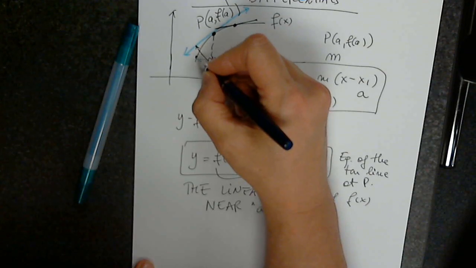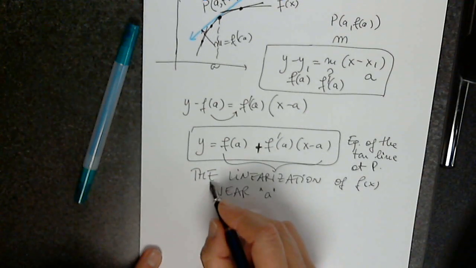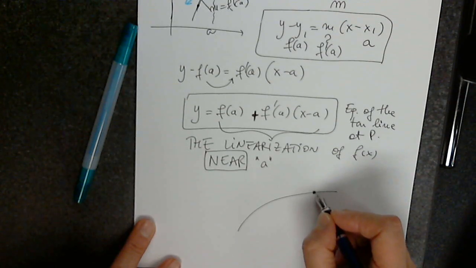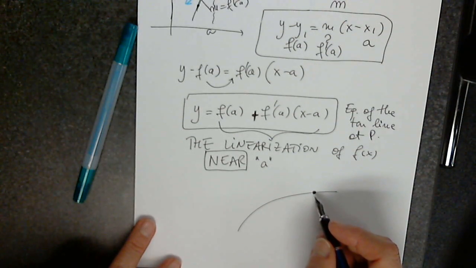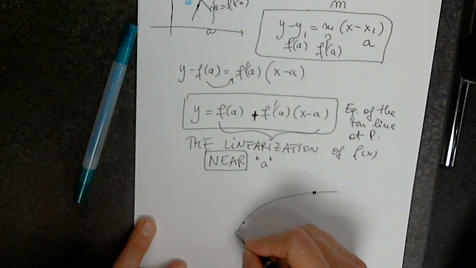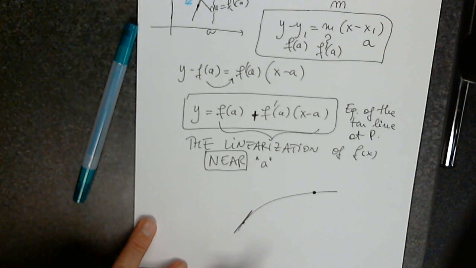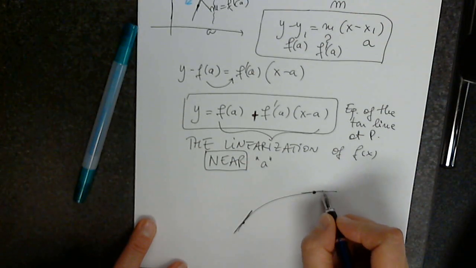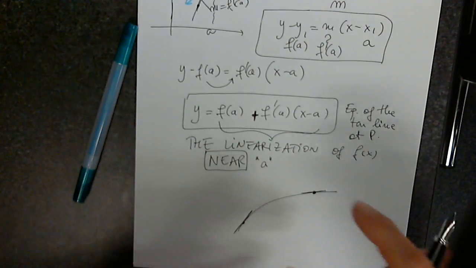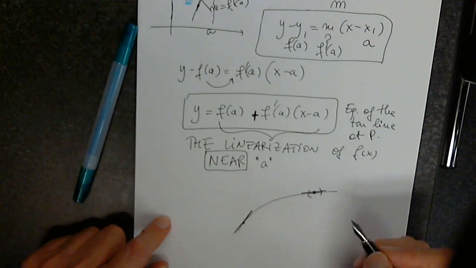So here I will be using this tangent. Here I will be using this tangent. The key is near, because if you want me to evaluate at this point, you can say just approximate the function here. I don't care about the specific exact value. I cannot use the equation of this; I have to use the equation of the tangent line at this point. And if I zoom in to this point, look how close the line is to the actual function.